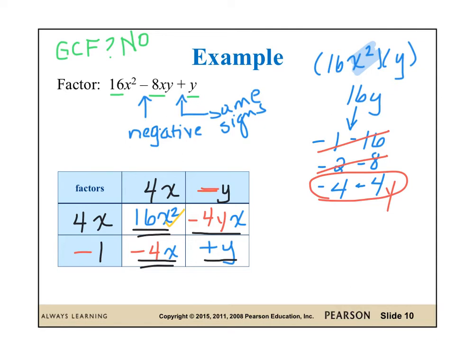And then negative 1 times negative y gives us positive y. And so that checks. And that means that this, even though it didn't look anything like what we normally have, this actually does factor. And this method truly does work every time. And so our factors are 4x minus 1 times 4x minus y.